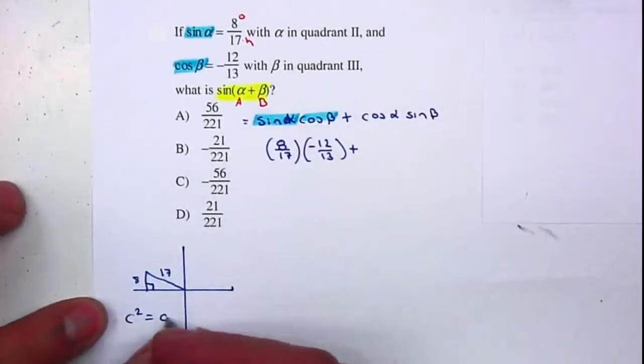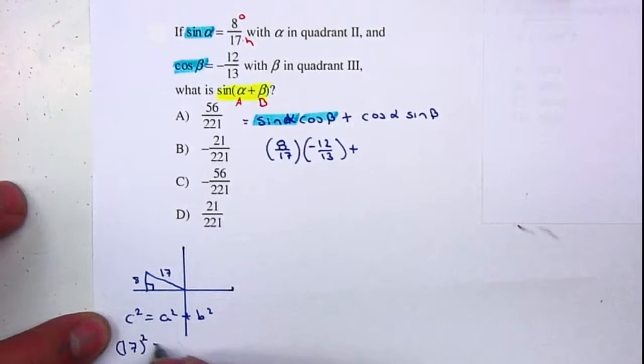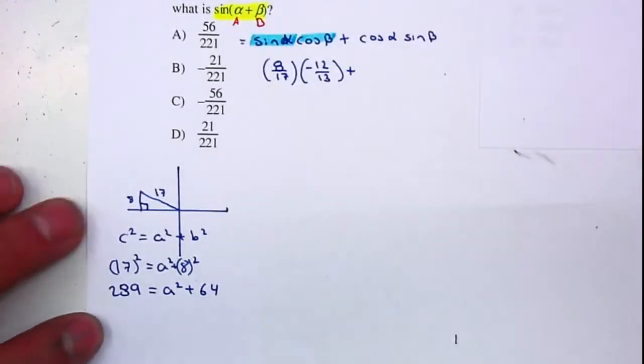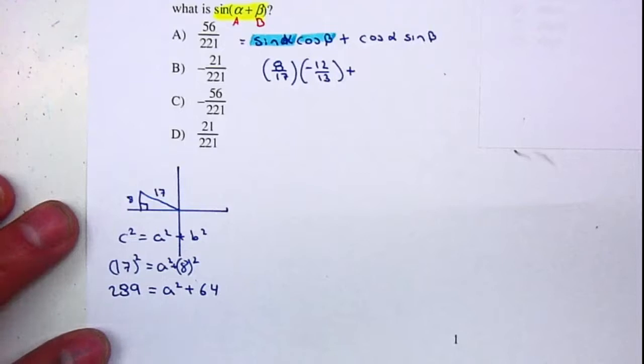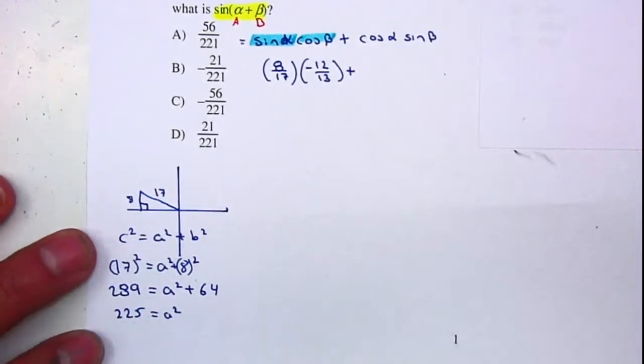I'm going to use my Pythagorean theorem, so that'll be c squared is equal to a squared plus b squared. C will be 17 squared, a will be what I'm looking for, and b will be 8 squared. So therefore 17 squared is 289, a squared plus 8 squared is 64, minus 64 on both sides, so it gives you 225, and the square root of 225 will be 15.